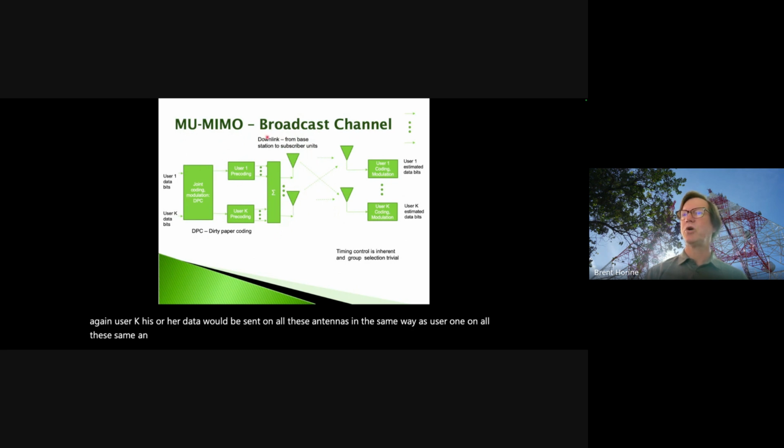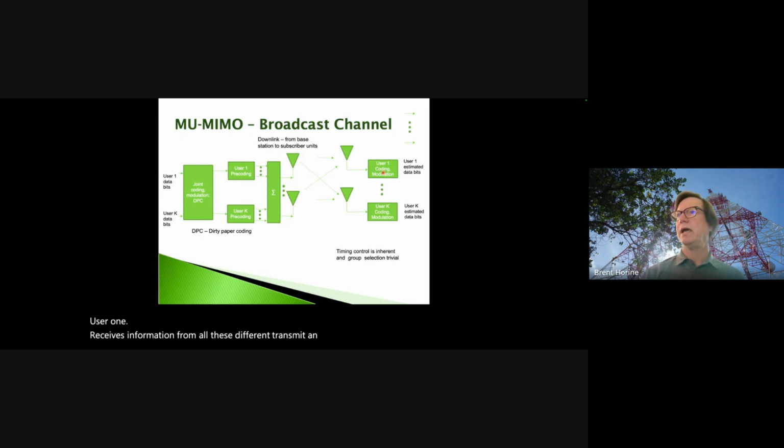So there's a process going on here. And then user one receives information from all these different transmit antennas and can take care of extracting out their data and so on down to user K.